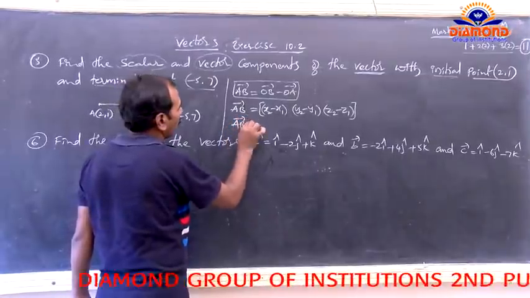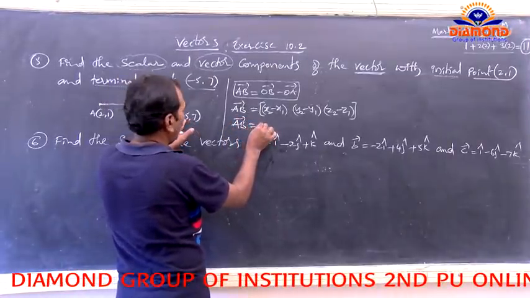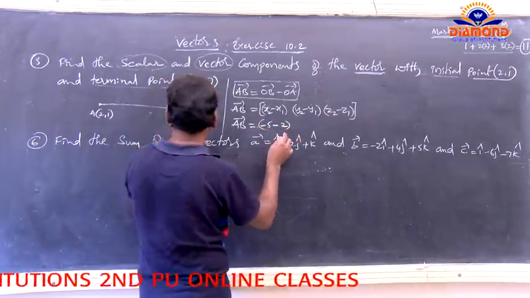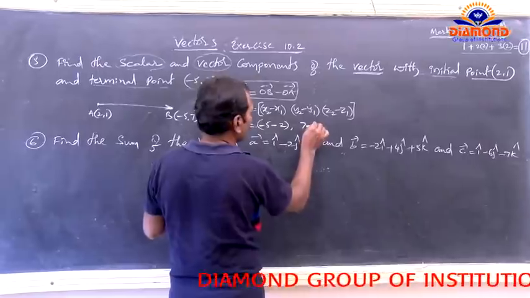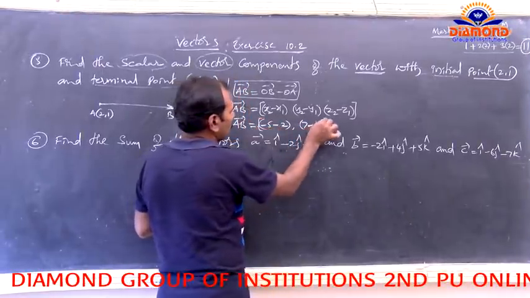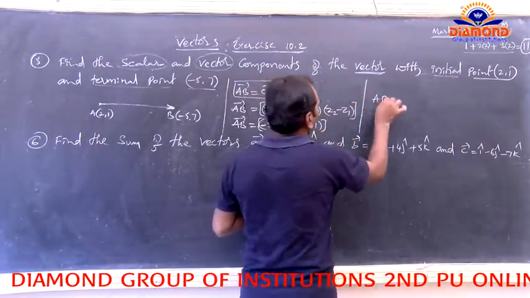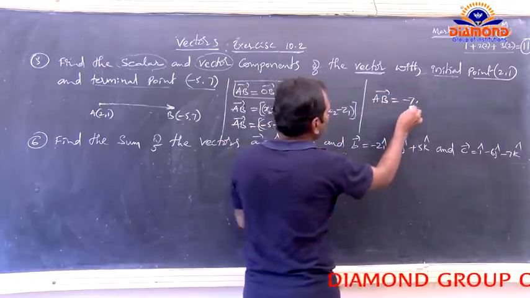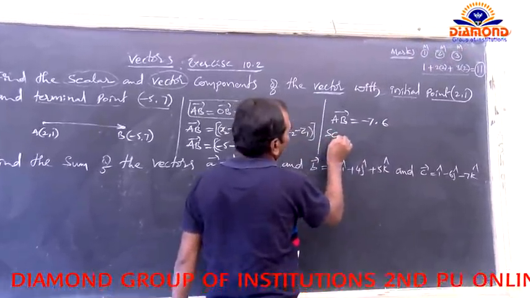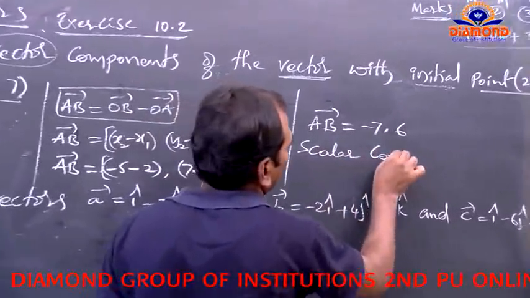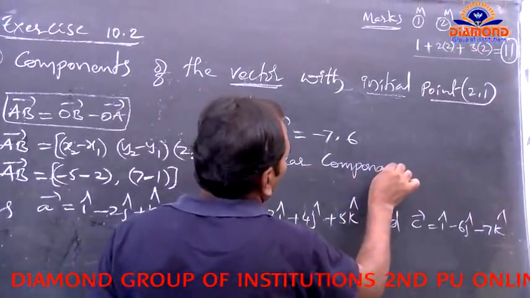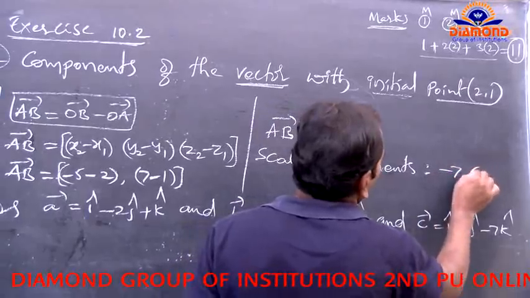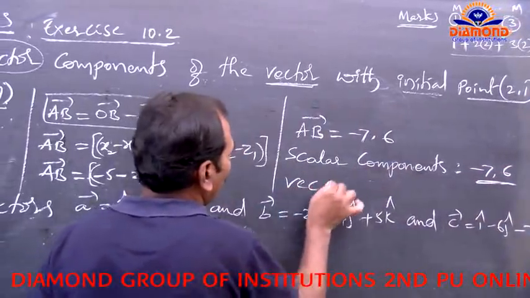So AB bar equal to minus 5 minus 2, again 7 minus 1. So AB bar equal to -7, 6. So scalar components -7, 6 and vector components.